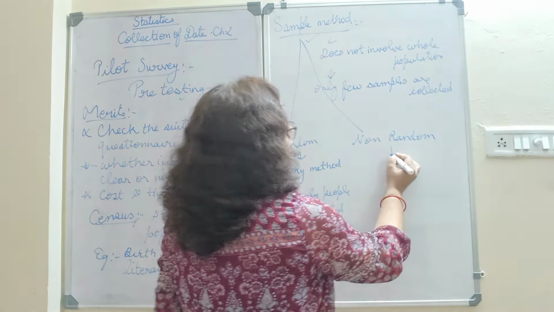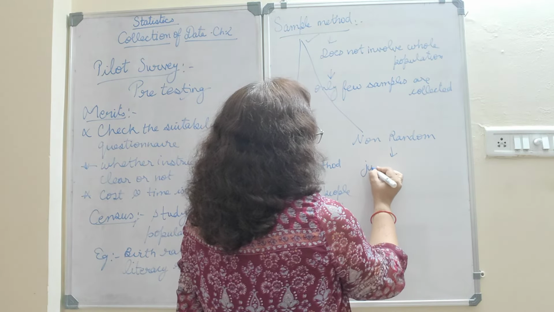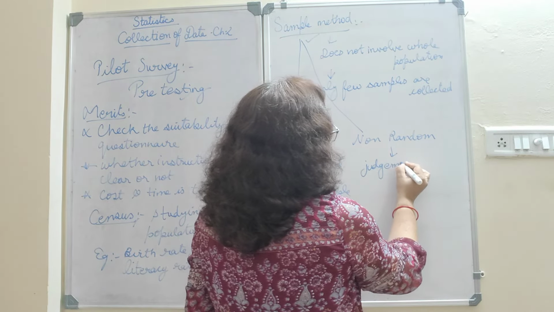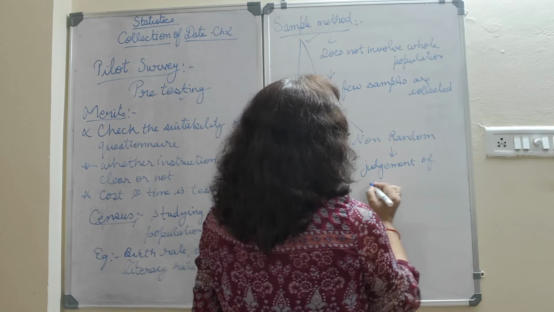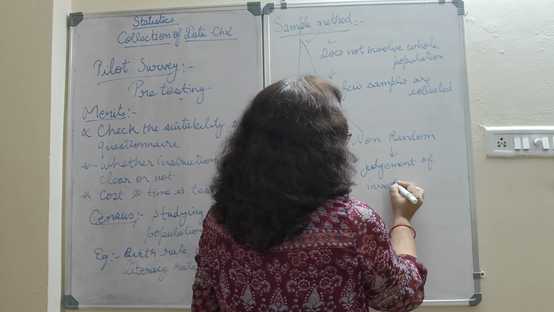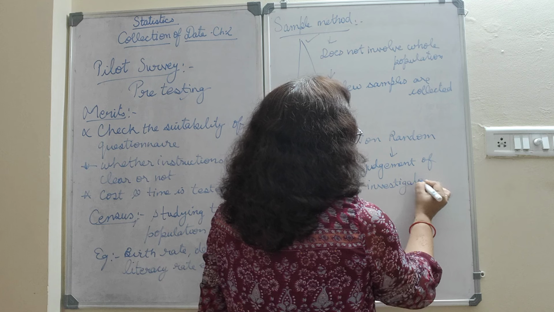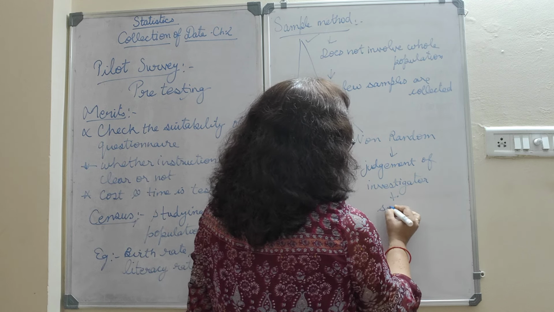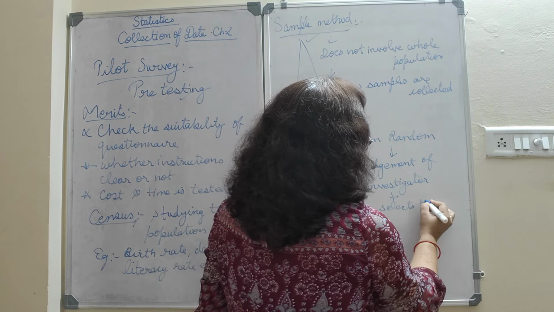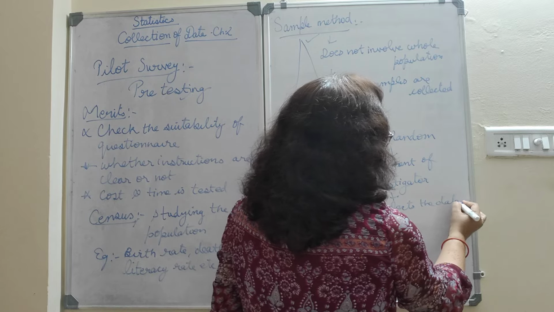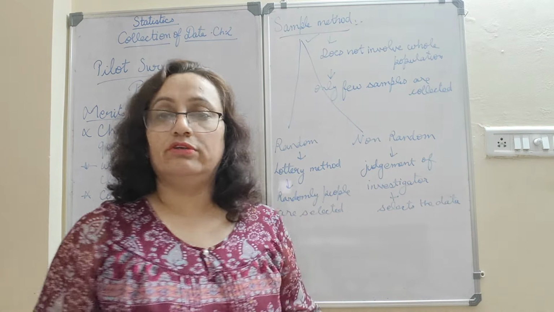Now next is non-random. It depends on the judgment of the investigator. So the investigator selects the data. Now he has to select who is going to give him the data.